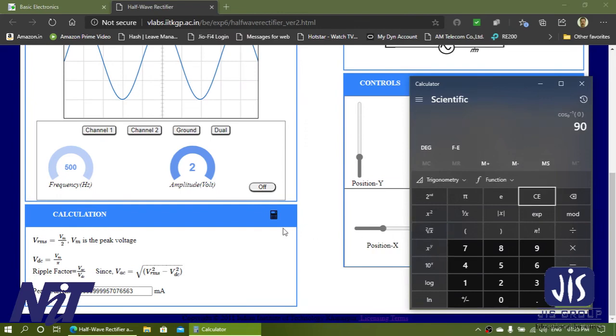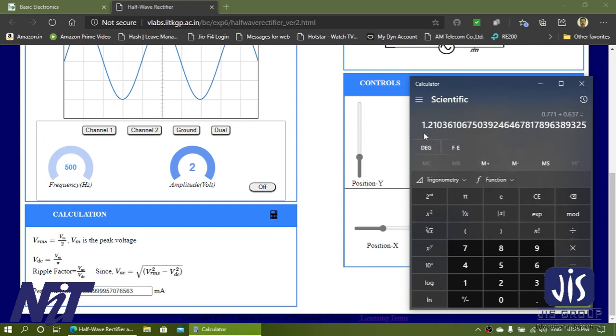Now after finding the Vac, we will find the ripple factor as well. For calculation of the ripple factor, you divide Vac by Vdc. So your Vac is 0.771, which will be divided by Vdc 0.637.